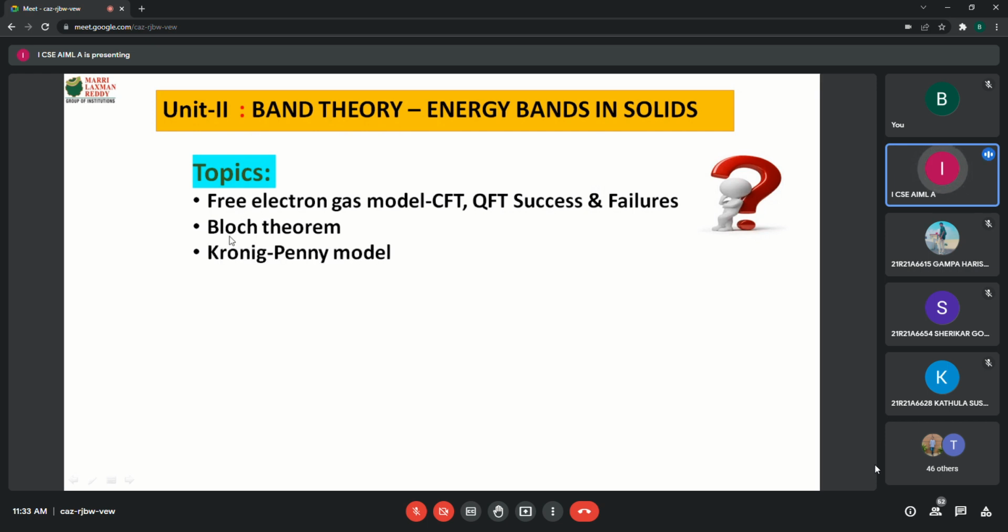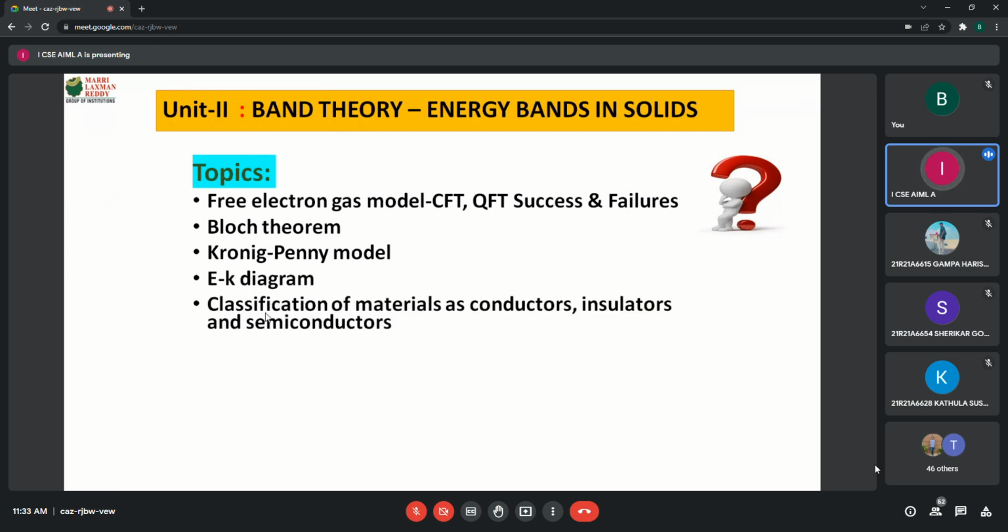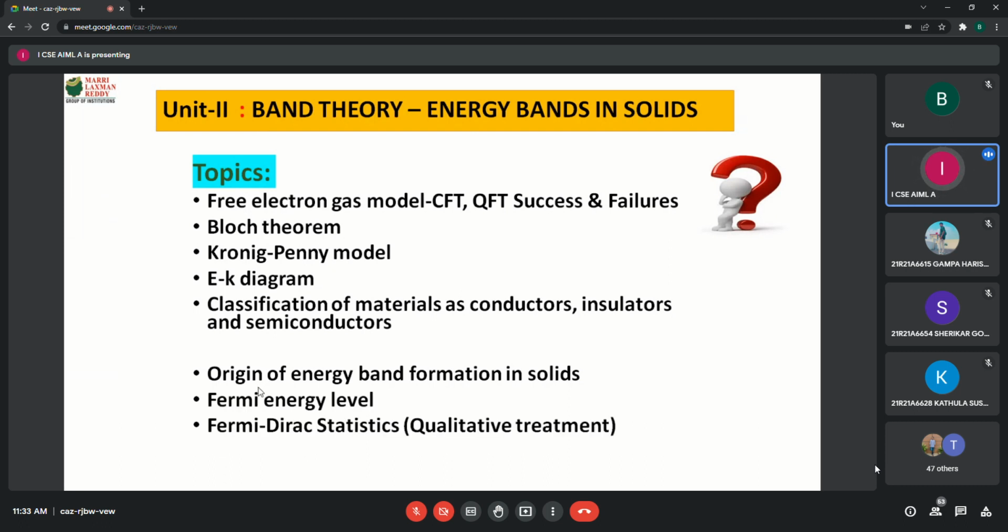Next, Bloch theorem we have seen. Next, Kronig-Penney model. Next, the E-k diagram in sequence. Next, classification of materials as conductors, insulators and semiconductors. And the second part: origin of energy band formation in solids, Fermi energy level, Fermi-Dirac distribution law, and effective mass of electron, as we discussed.